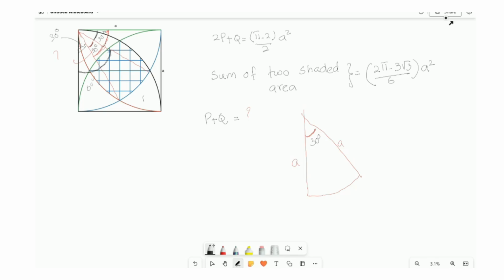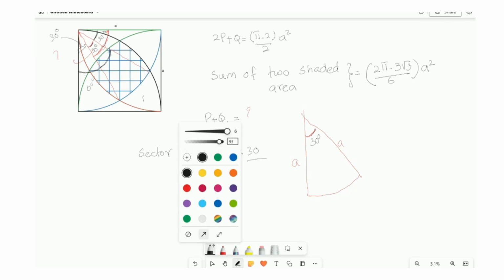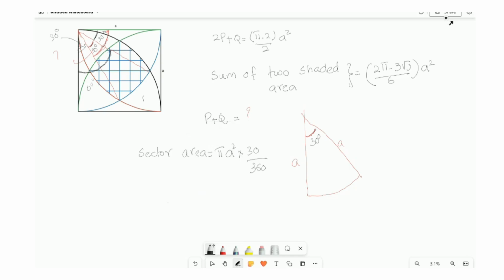Now I know the radius and also the included angle, therefore the sector area is equal to π a² times 30 divided by 360. 30 divided by 360 is 1/12, so it is π a² divided by 12.